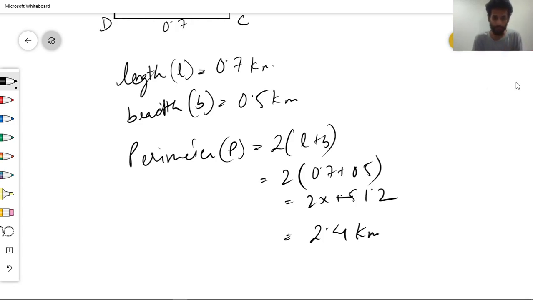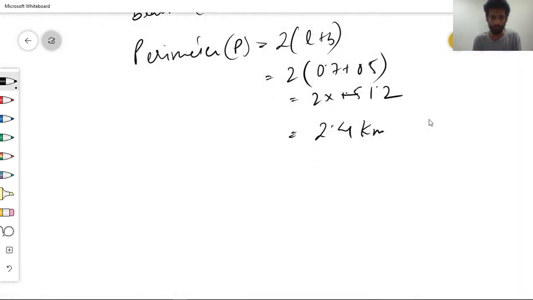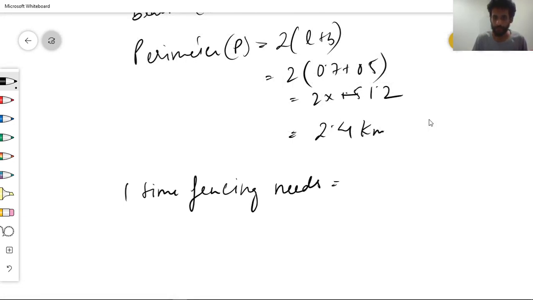Perimeter is one time around the figure, so one time fencing needs 2.4 kilometer of wire. So how many times do we have to fence?